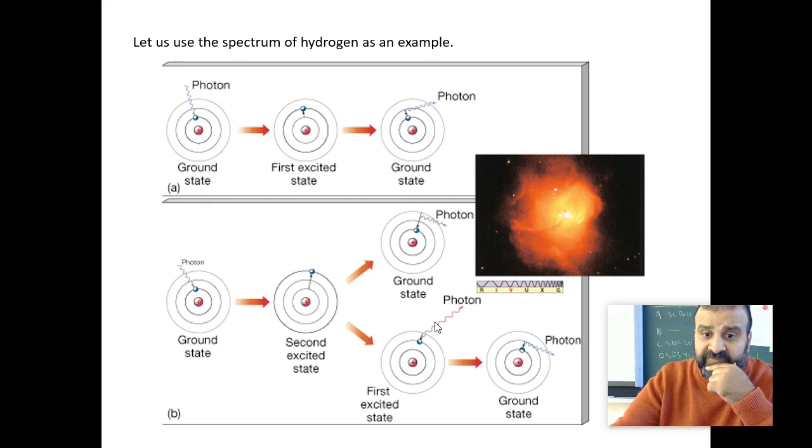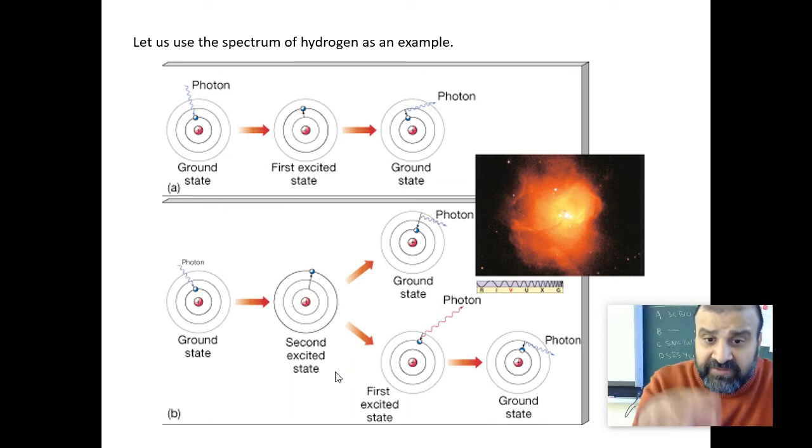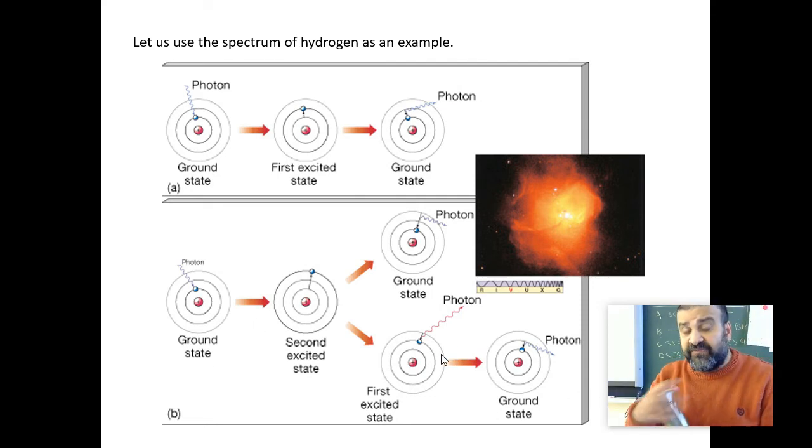Or it can fall back down from the third to the second and emit that much energy, so one particular wavelength, and then fall from the second to the first and emit another photon of light. So it can emit 2 different wavelengths of light. And both of these situations happen roughly equally, 50%, 50%.